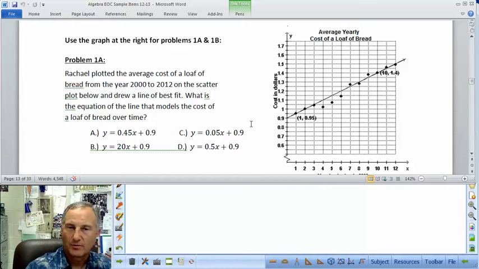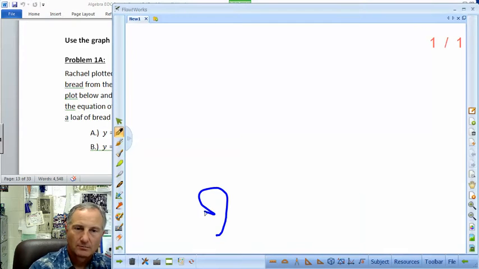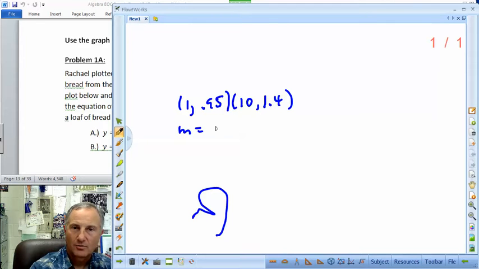So we've got to find the slope between these two points. So let's go down here. Let's find the slope. We start off with the point 4 and 1.1, and the other point is 10 and 1.4. So our slope is going to be 1.4 minus 0.95 over, let's see, I'm sorry, that's 4. 10 minus 4.